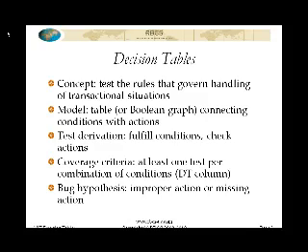Now that is in contrast to situations like what we're going to look at with state-based testing, for example, where the sequence of events and conditions that have occurred in the past are very strong influencers of the way the system is supposed to respond.